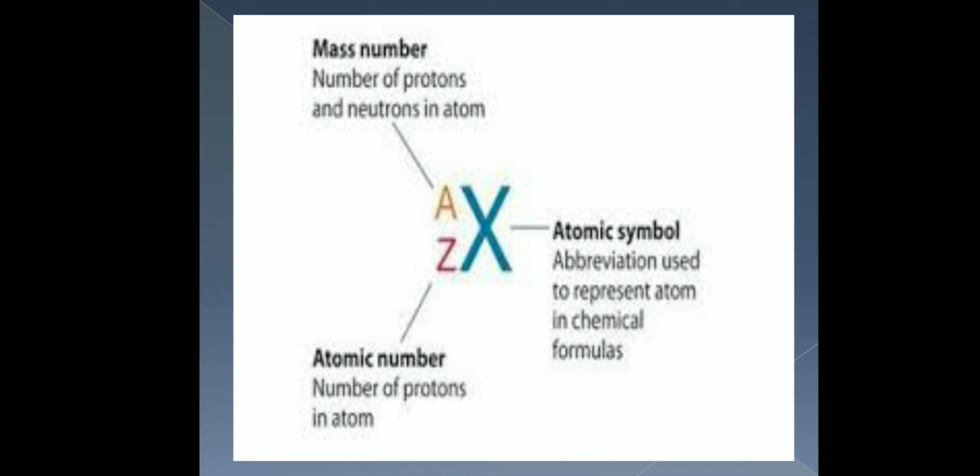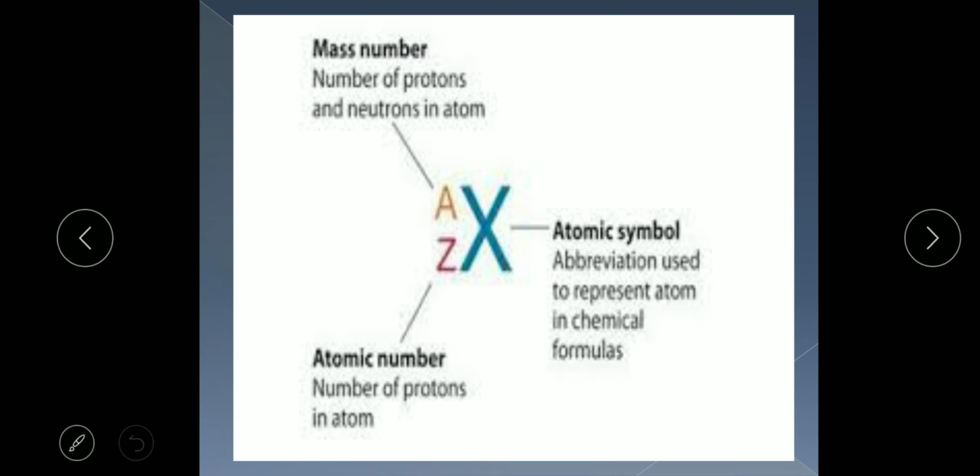X is the abbreviation used to represent an atom in a chemical formula. For example, for hydrogen we use H, for oxygen we use O. The number in superscript form will be the mass number, and the number in subscript form will be the atomic number.